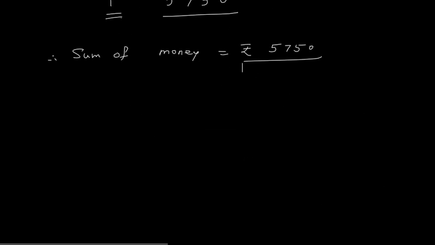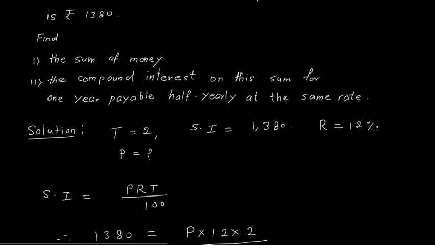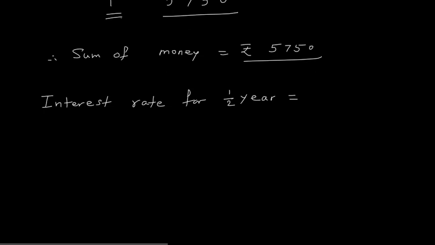The next question is the compound interest on this sum for 1 year, payable half yearly at the same rate. So the interest rate for half year, for 1/2 year, is equal to, now here the rate is 12%, so for half year it is 12 upon 2, that is 6%.